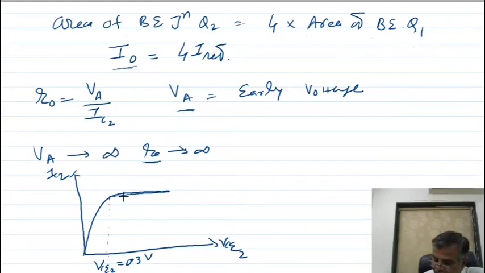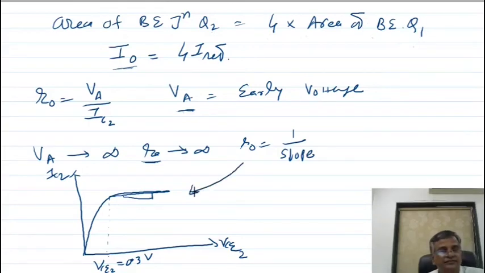In this active region, the output resistance RO is nothing but 1 upon the slope of this graph. So RO is very large, so CMRR will be very large, and this circuit will behave as a constant current source circuit. So the current mirror behaves as a constant current source circuit. Here is the end of the theory of this topic.